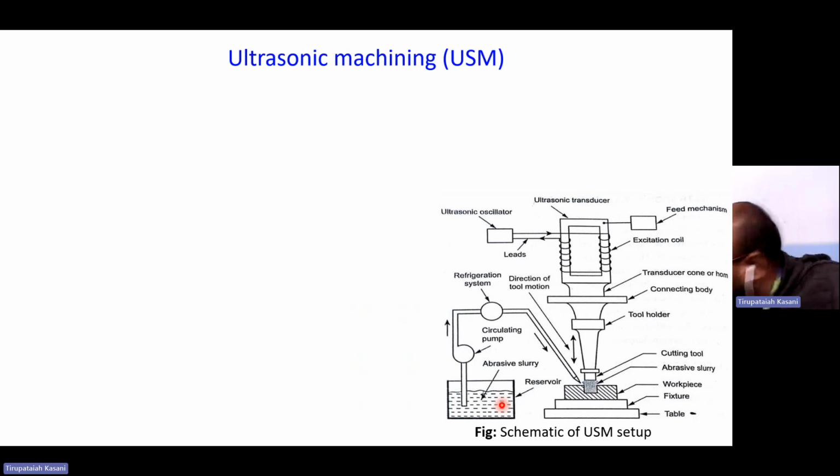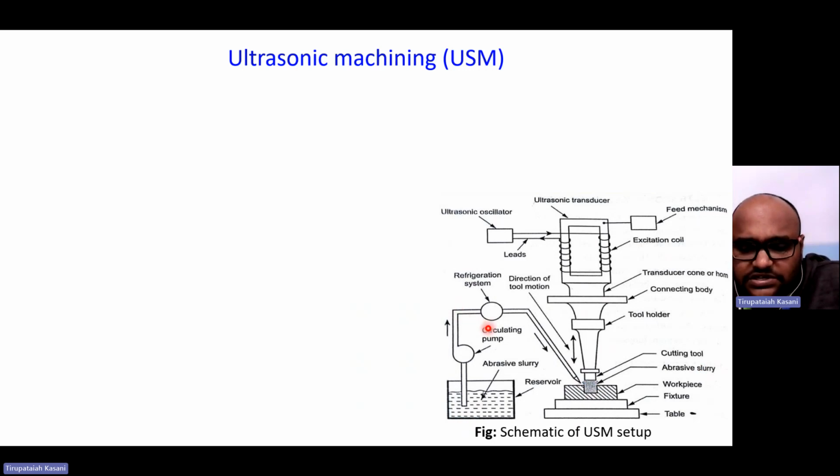Here, sorry, the abrasive particles are mixed with water. We can call that abrasive slurry. With the water, the abrasive particles are mixed, and this is the circulating pump. Through this it will be fed to the machining zone. This is the machining zone. This is the abrasive flow.